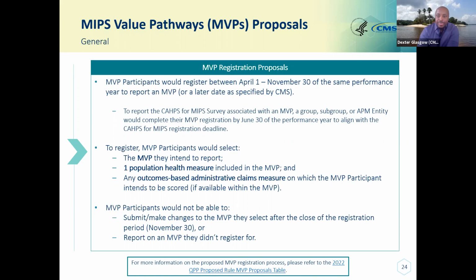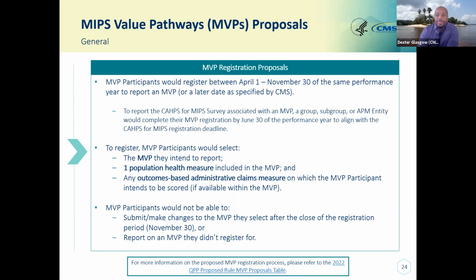We have built out some flexibility in case there is an inadvertent circumstance that is unplanned for, which would cause us to extend the registration time period. So it may be a later date as specified by CMS, but for the time being, we are planning for there to be a consistent time period of April 1st to November 30th.